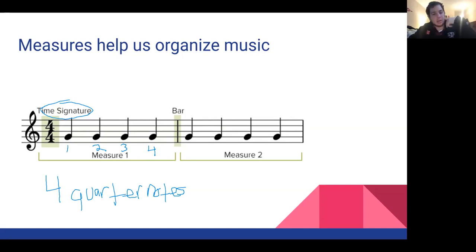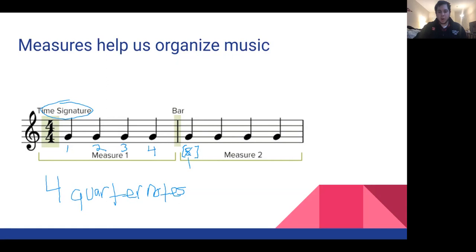Oh yeah. A bar is going to show us how we are dividing our groups. So a bar will tell us, okay, it's time to reset our counting. And now instead of 5, we are not going to say that.